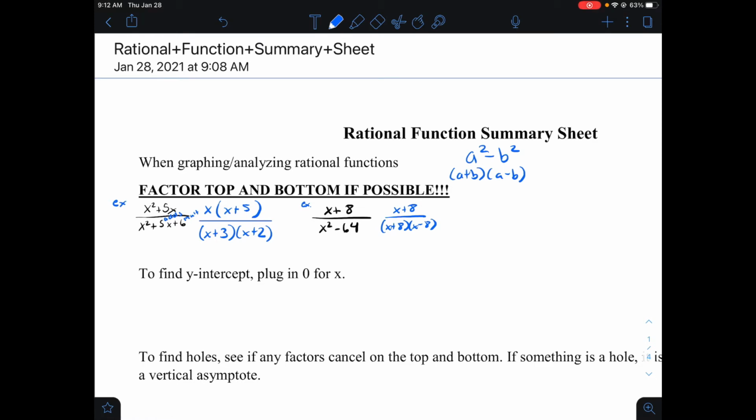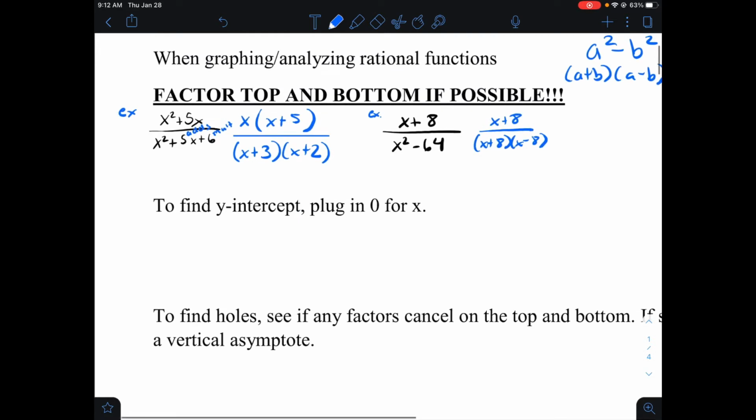Now it says to find the y-intercepts, plug in 0. Let's find the y-intercept for this first example, example 1. To find the y-intercept, we have to plug in a 0 for x. You could plug into the non-factored form or the factored form.